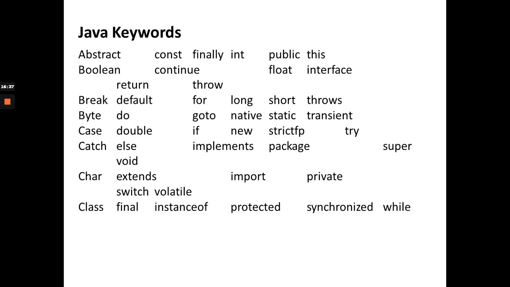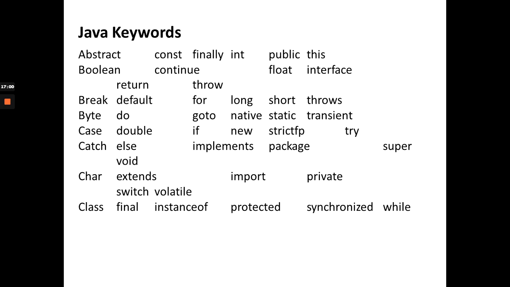The last one is Java keywords. These keywords will arrive in each and every chapter and will be taught one by one inside this Java course. So you just have to go through them: abstract, const, finally, int, public, this, boolean, continue, float, interface, return, throw.